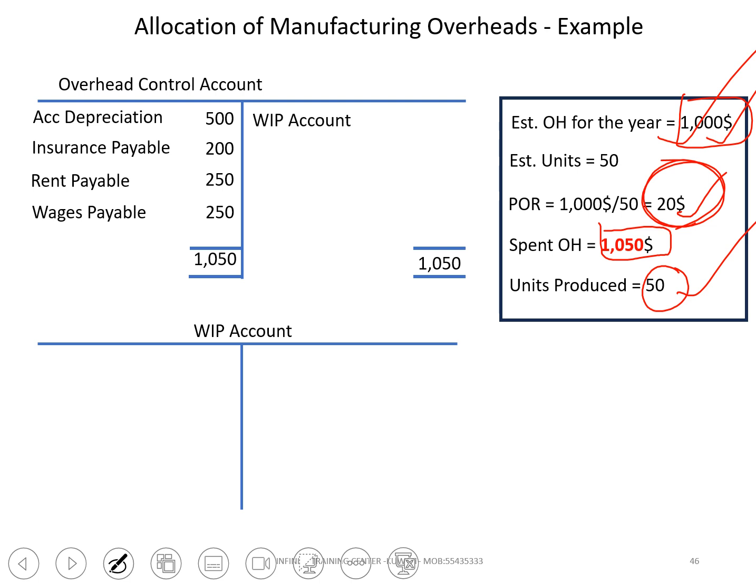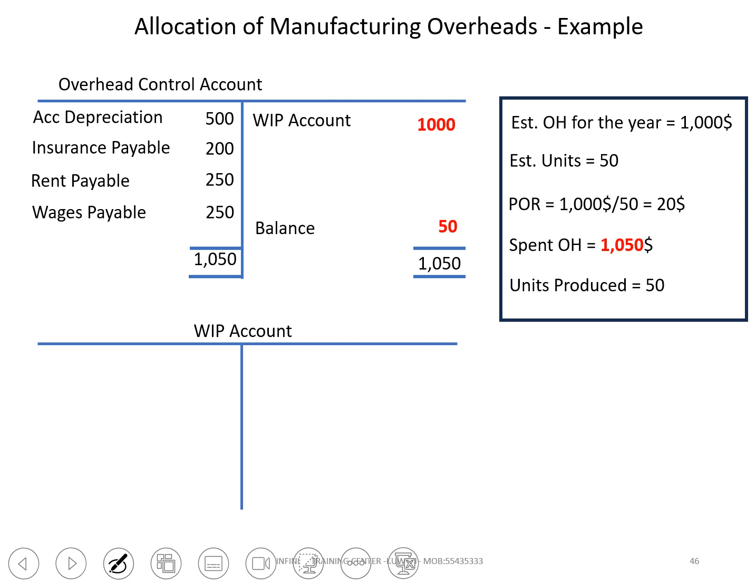That means you debit work in progress for $1,000 for the units you produced. But you actually spent $1,050, and what you transferred to work in progress is only $1,000. So you will have a debit balance in the overhead control account, which is $50. My spent amount is $1,050 and my applied amount is only $1,000, so I have a $50 balance in this overhead control account.